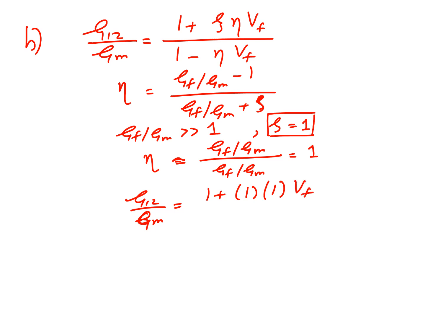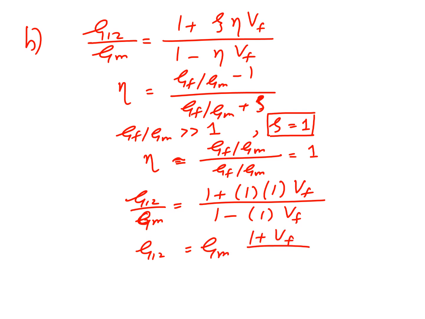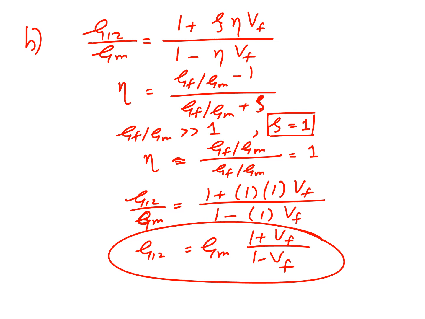And then you have Vf, and then you have 1 minus 1 times Vf right here. So what you're going to get is G12 is equal to Gm times 1 plus Vf divided by 1 minus Vf. So that is the formula which you get for the value of the shear modulus in the 1-2 plane if you're using the Halpin Tsai equation. And that is the end of this segment.